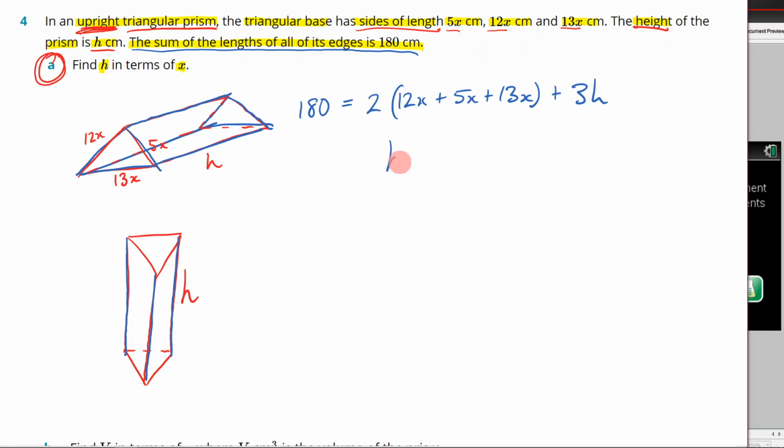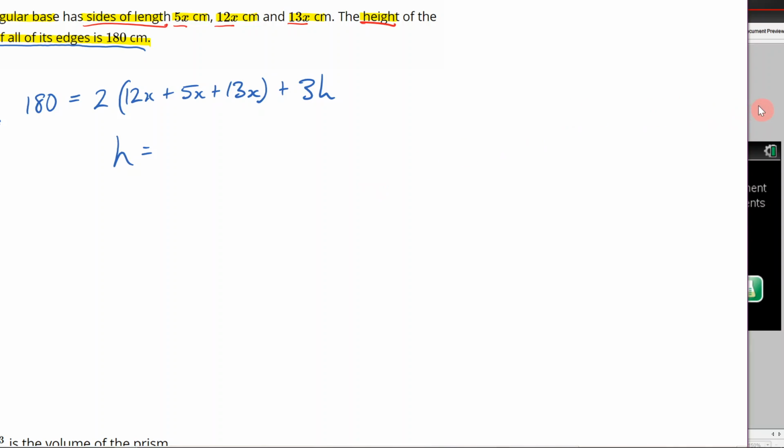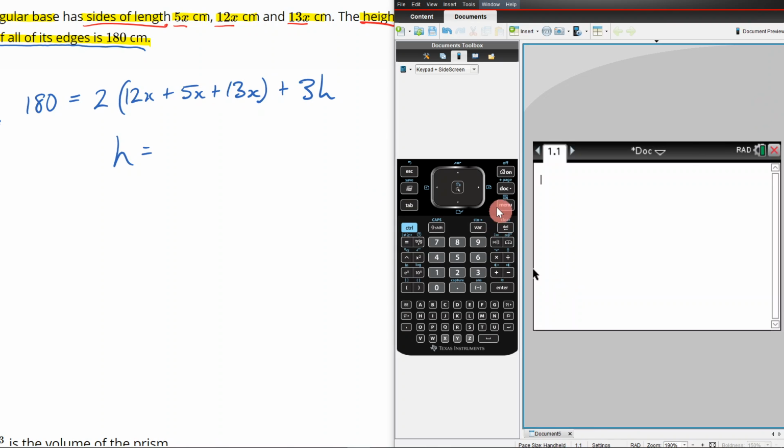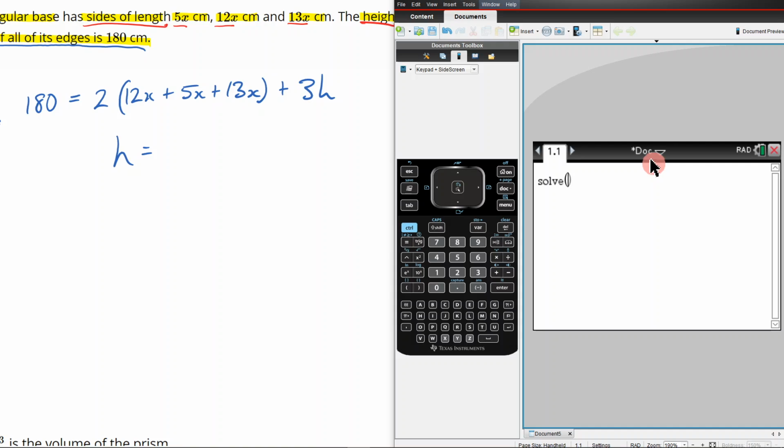We can now use our CAS calculator to answer this. So let's do that. We're going to come to our CAS, go menu, algebra, solve. Then we're going to type in what we have: 180 is equal to 2 times (12x plus 5x plus 13x), close my brackets, plus 3h.